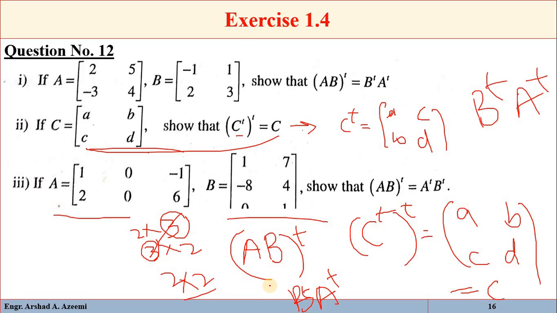You will see that AB whole transpose will be equal to B transpose times A transpose. Remember, here that is B transpose and this one is A transpose, meaning AB whole transpose is equal to B transpose multiplied by A transpose. That is the formula which we have to prove in this question.